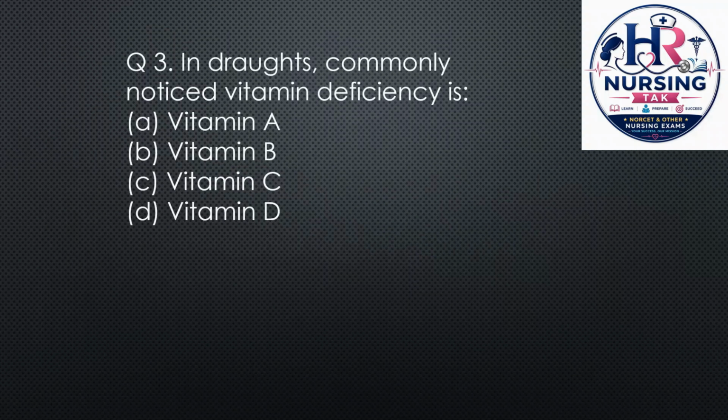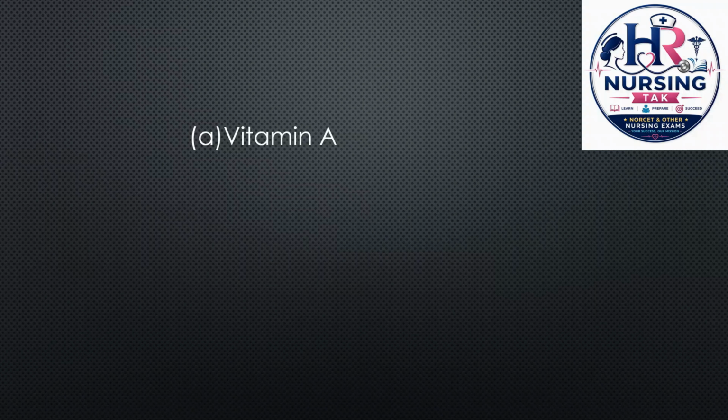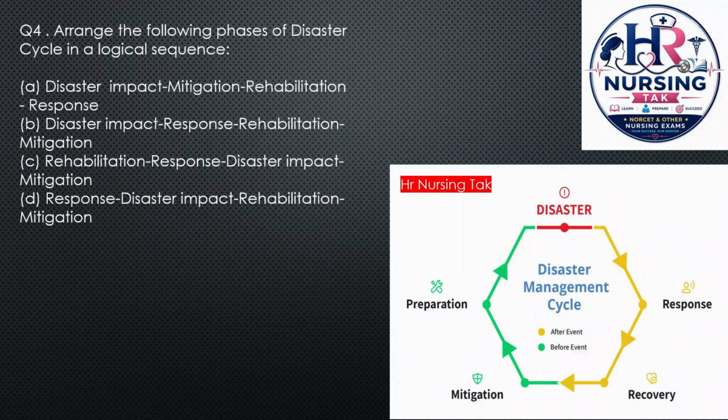Question 3. In droughts, commonly noticed vitamin deficiency is A. Vitamin A, B. Vitamin B, C. Vitamin C, D. Vitamin D. Answer is A. Vitamin A. Question 4. Arrange the following phases of disaster cycle in a logical sequence. A. Disaster impact, mitigation, rehabilitation, response.